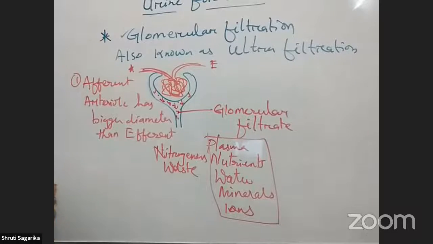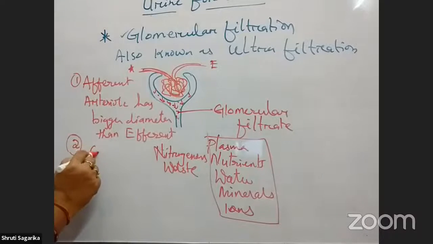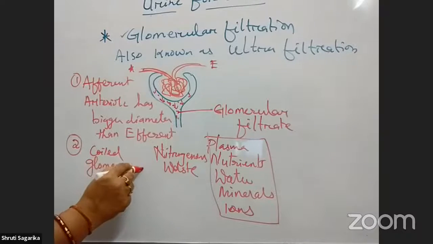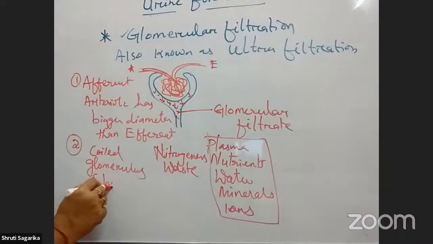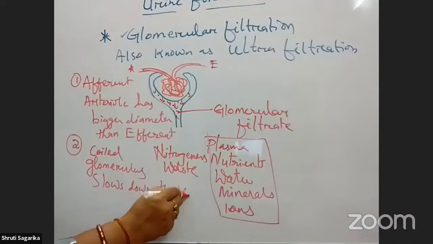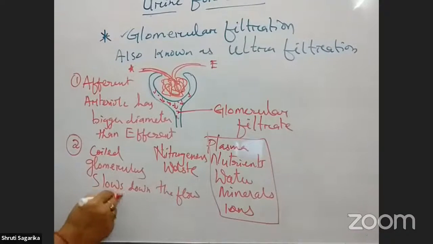Now, what is the reason number 2? Reason number 2 is the coiled glomerulus slows down the flow of blood. The coiled glomerulus.